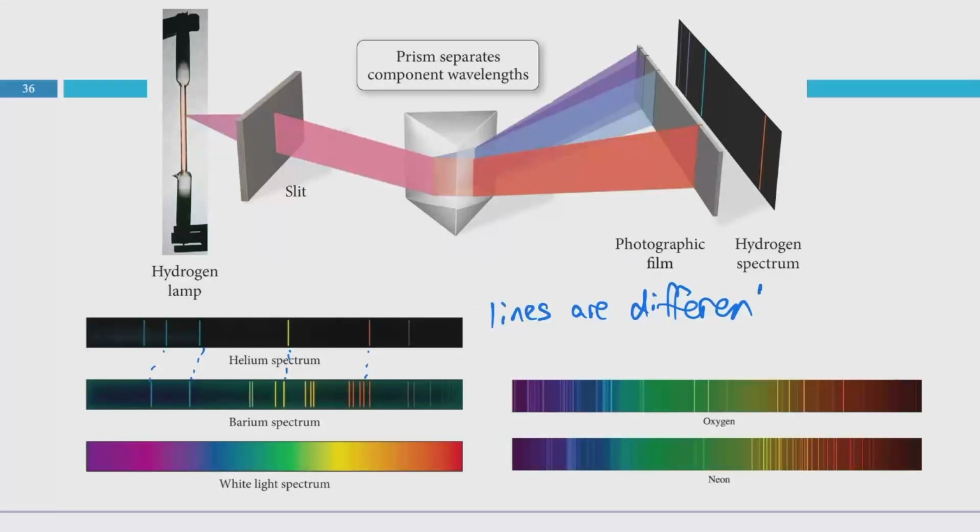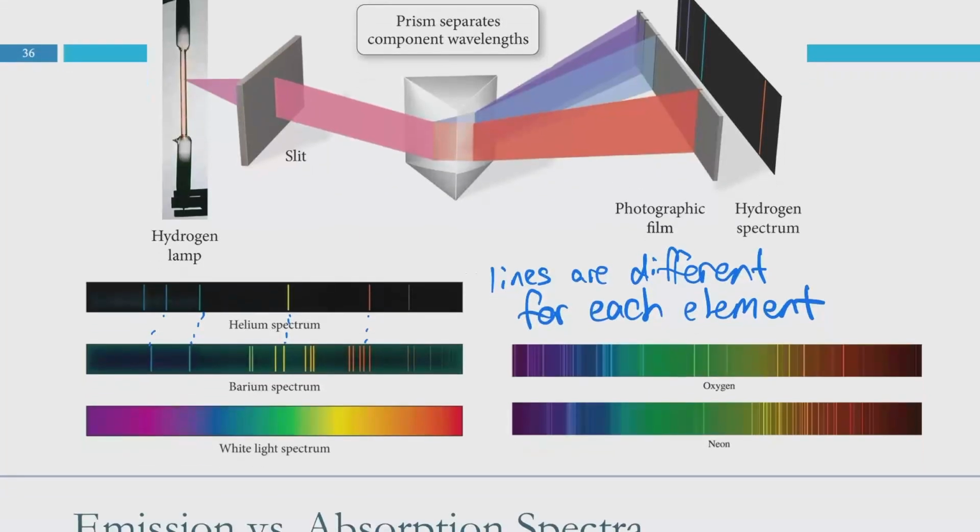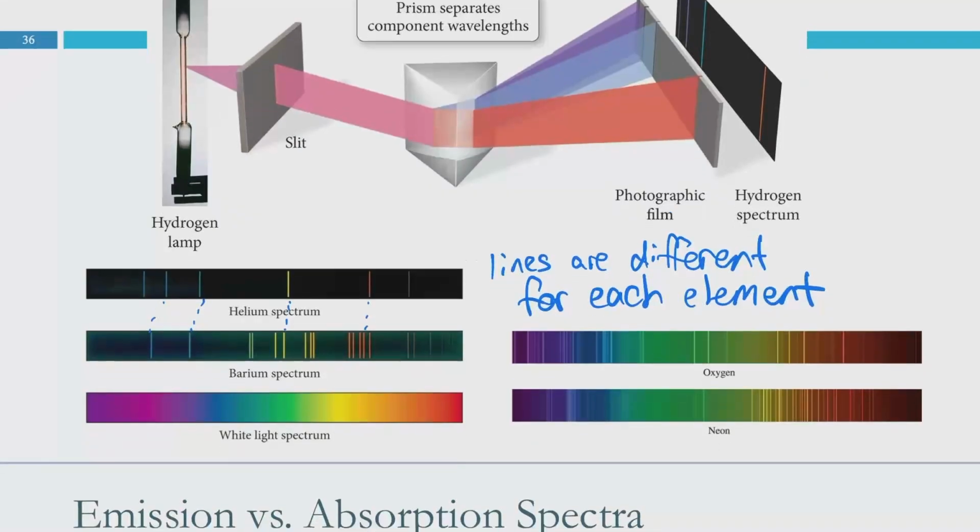So that's why in the previous slide, it was saying that it's sort of like a fingerprint or a barcode. It's unique for each individual atom or element, both in terms of number and also where they're located. But they generally tend to be fairly spread out.